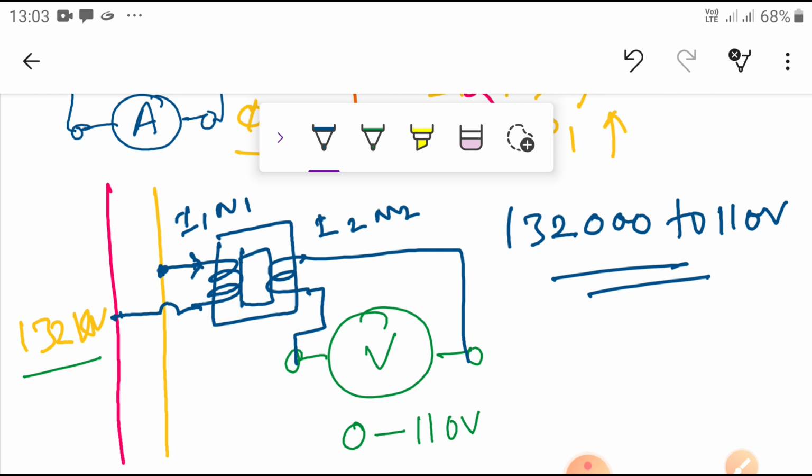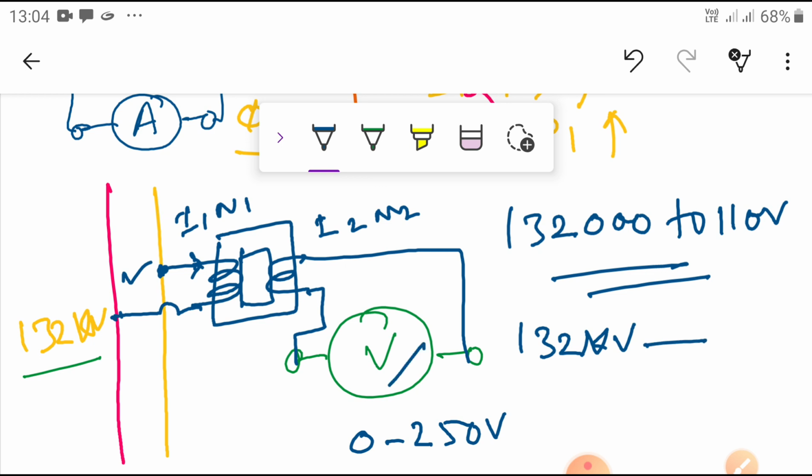For example, I have a voltmeter with a range of 0 to 250 volts. Whenever there is 132 kV in the line, it indicates full deflection.